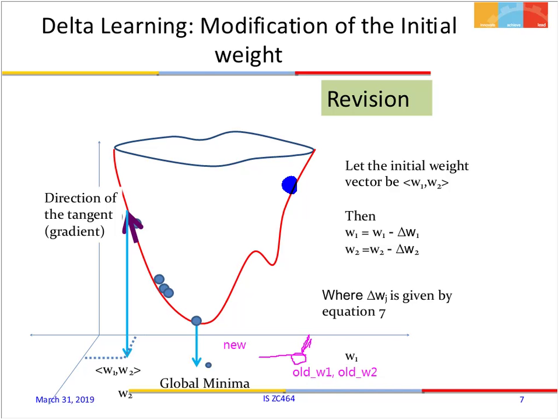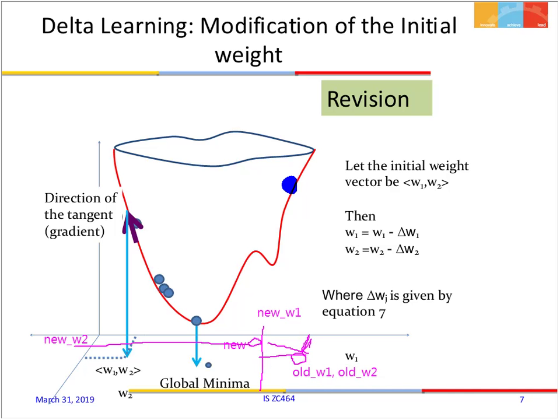Suppose I wanted to move it to somewhere here, okay, and then I will have actually moved my W1 from this old position to something lesser, right? So this could have been my new W1, and what I'm showing you on this side is my new W2. So the new coordinates will be new W1 and new W2.